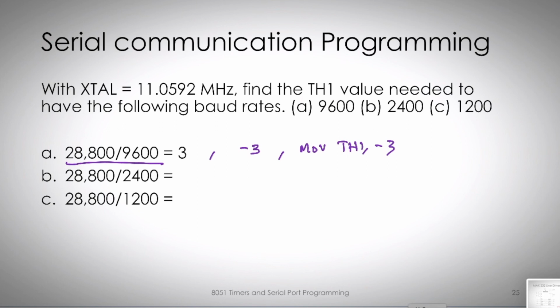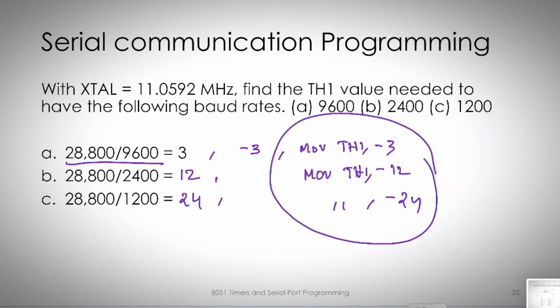How much is 28800 divided by 2400? You will be getting 12, and 28800 divided by 1200 is 24, right? So if you write move TH1 comma minus 12 or move TH1 comma minus 24, this is how the initial value is calculated for a specific baud rate, provided this is the frequency.